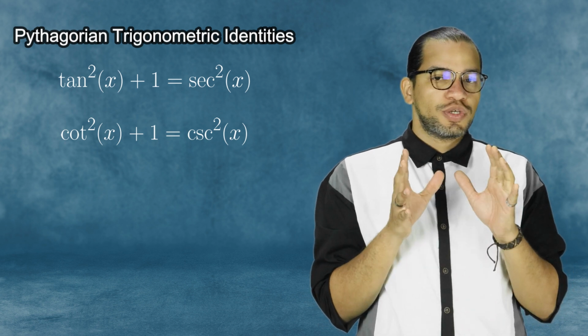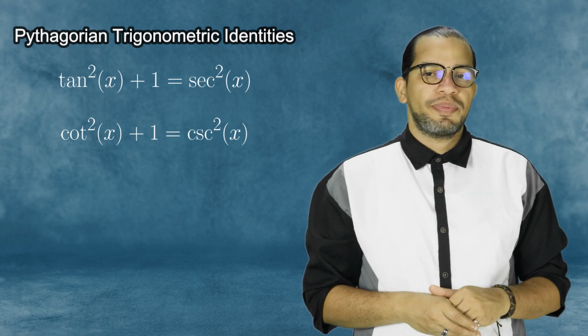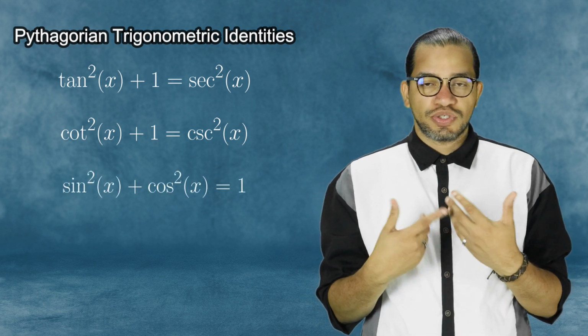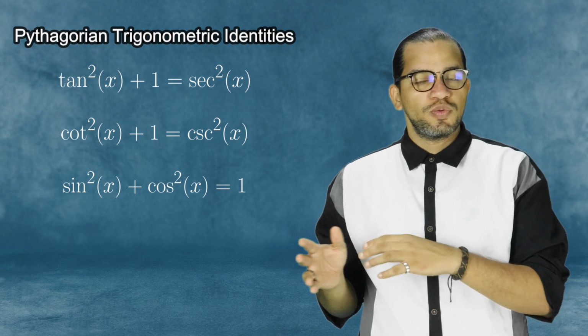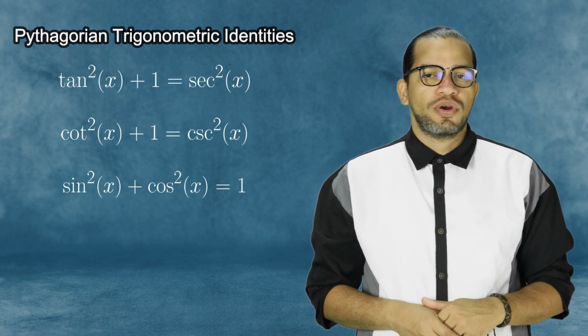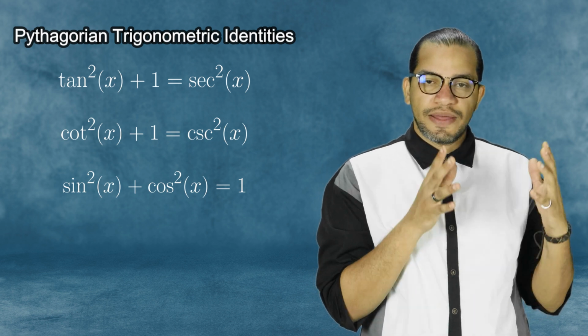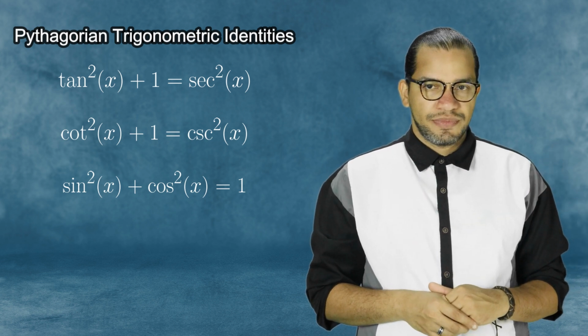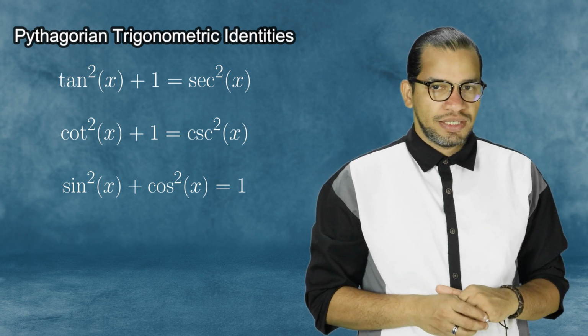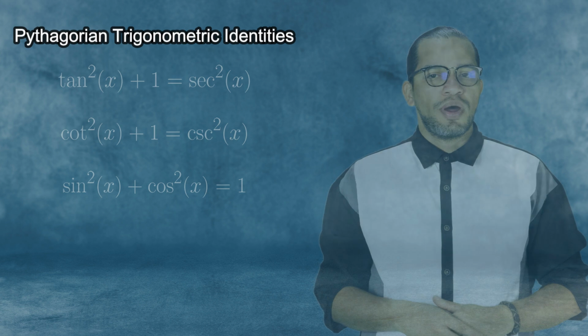Now, in order to get these two properties, we only take the expression sine square of x plus cosine square of x equals 1. And if we divide by cosine square of x, we get the first property. But if we divide by sine square of x, we get the second property.